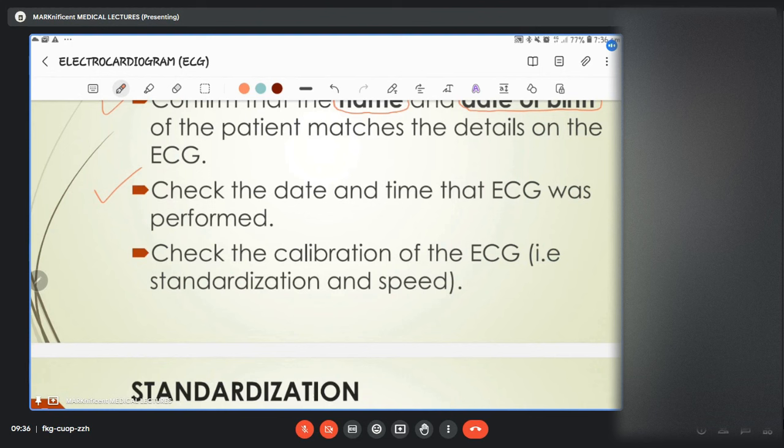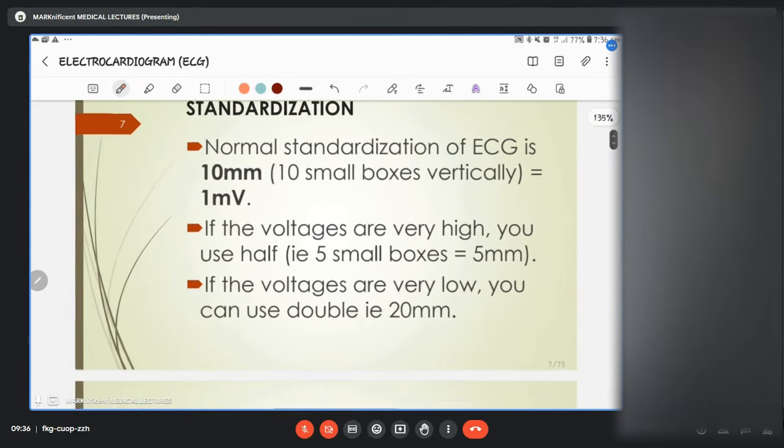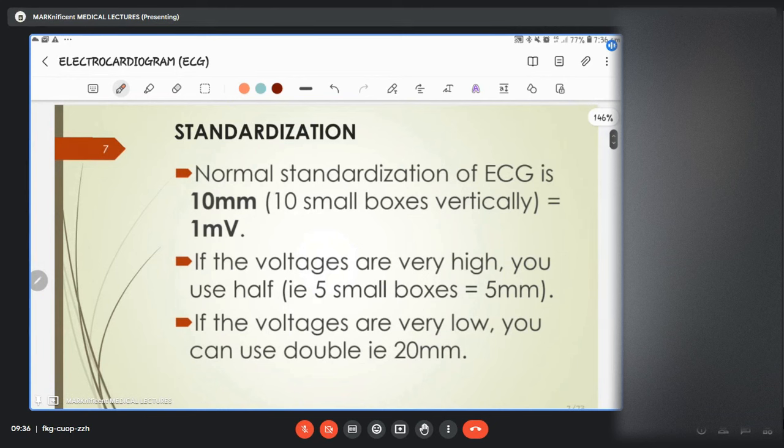Also you check the calibration of the ECG, that is standardization and speed, which I will explain briefly below. Most people don't actually do all these things because of a busy schedule and being all about finding the diagnosis, but ideally you are supposed to check and confirm all of this.